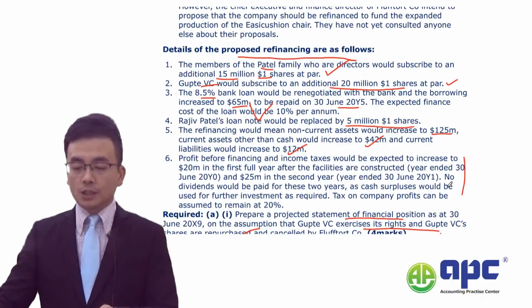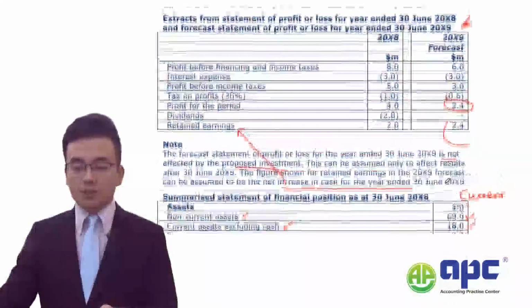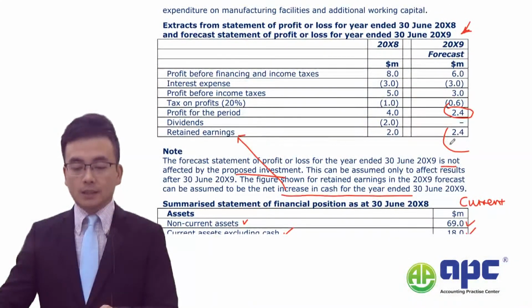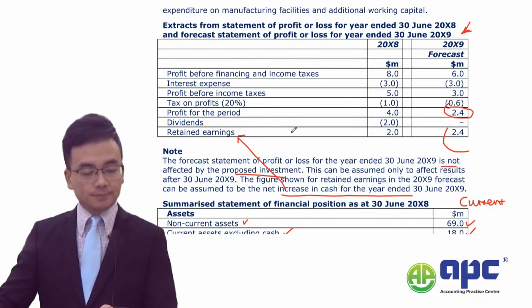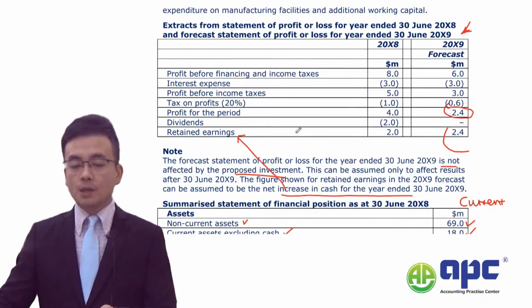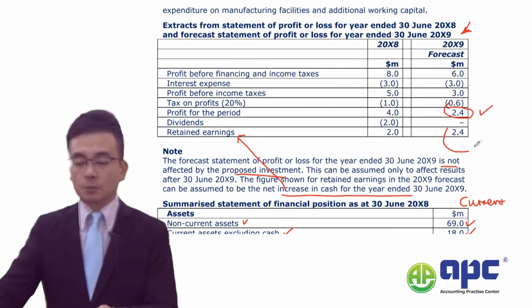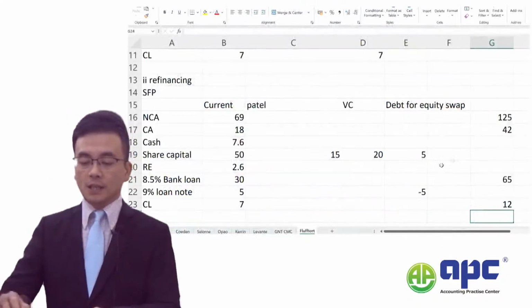And of course, with regards to the refinancing, as we can see, the retained earnings still increased by the profit of 2.4. Alright, same as what we've seen before.